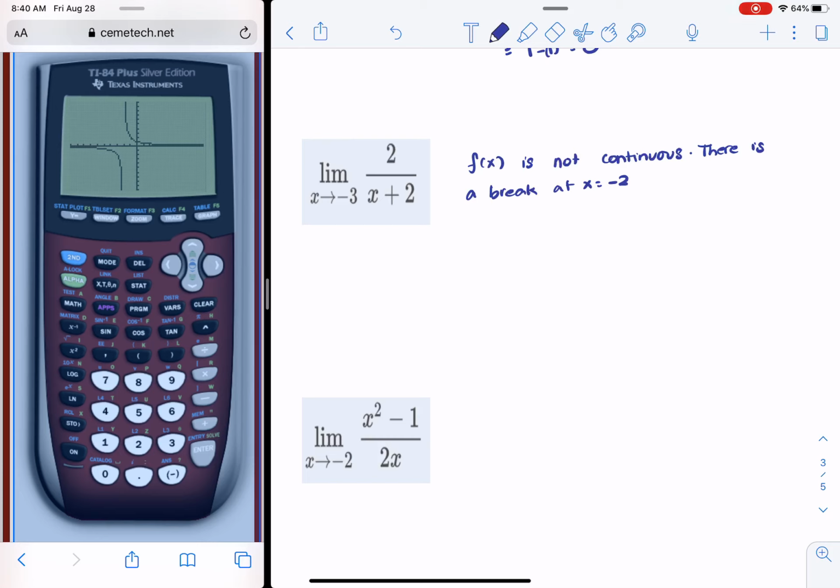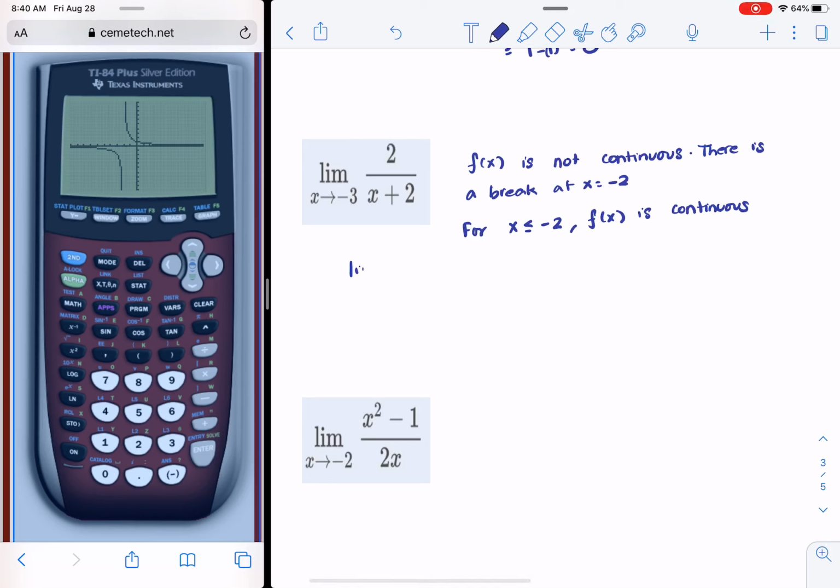At x is equal to -2, there is a break. But if you look at less than -2, f of x is continuous. It's just a line that is going down toward -infinity.